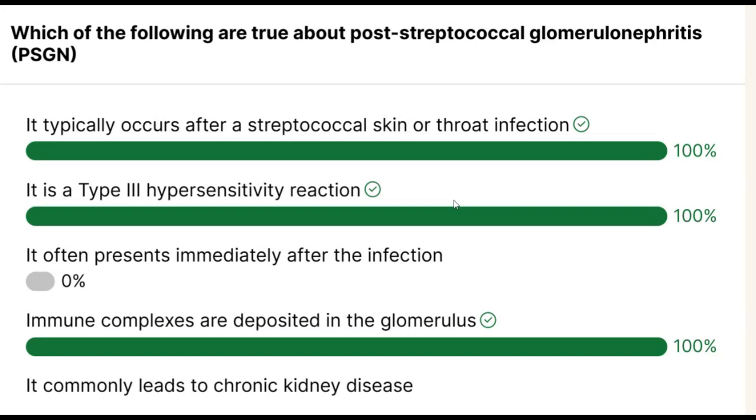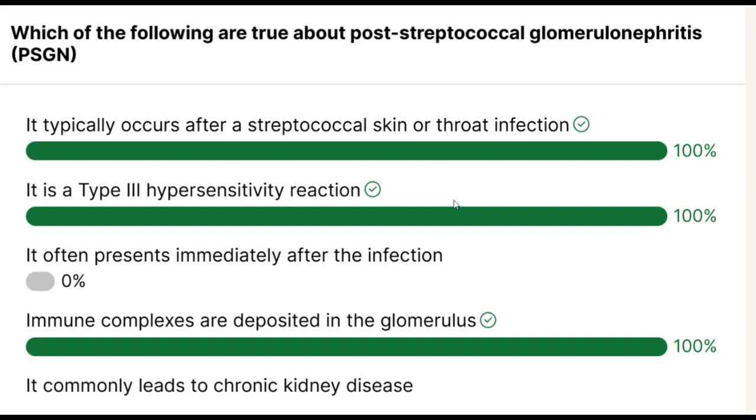It's often present immediately after the infection is wrong, usually takes a couple of weeks. Present immediately after the infection is more of the IgA nephropathies than the post-streptococcal glomerulonephritis. Another thing you can differentiate.